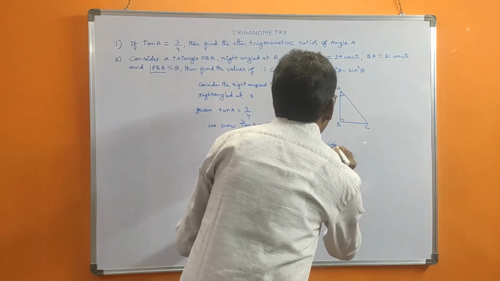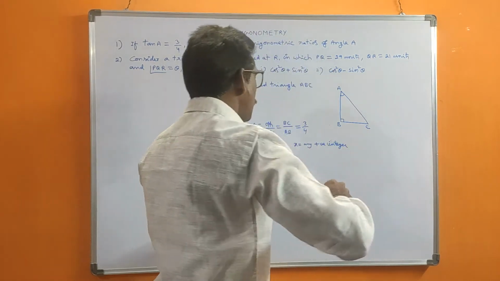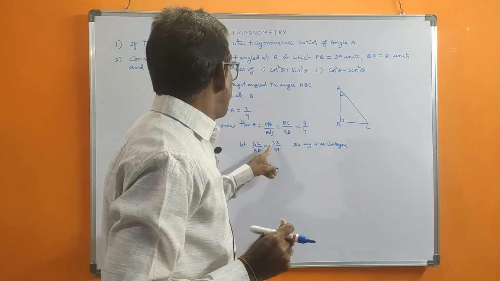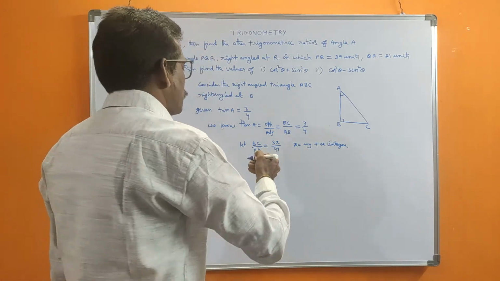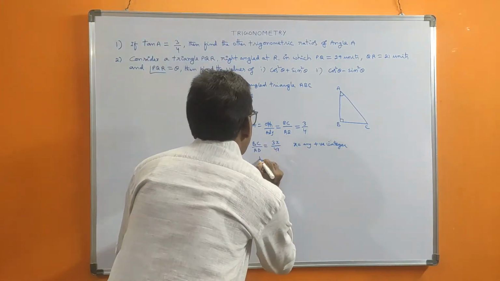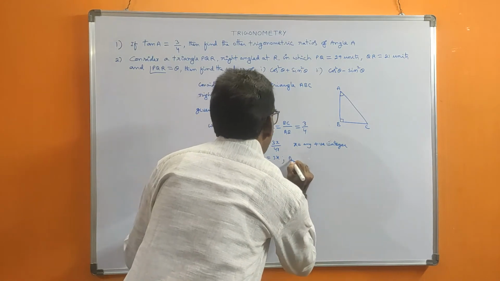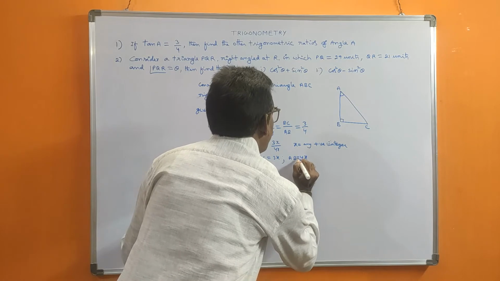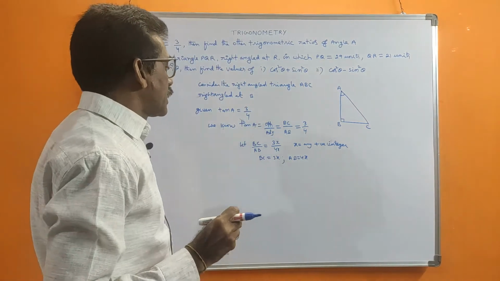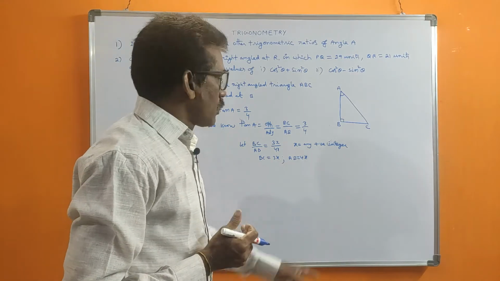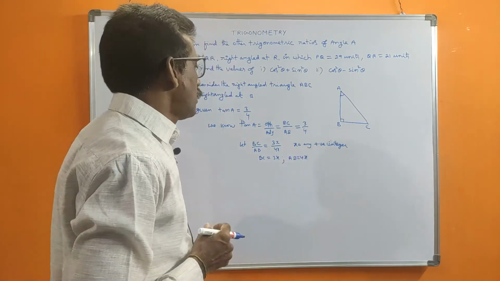So BC by AB is equal to 3x by 4x, where x is any positive integer. Now we can take directly BC is equal to 3x and AB is equal to 4x, because we wrote x as any positive integer.